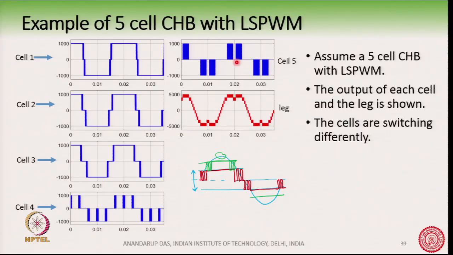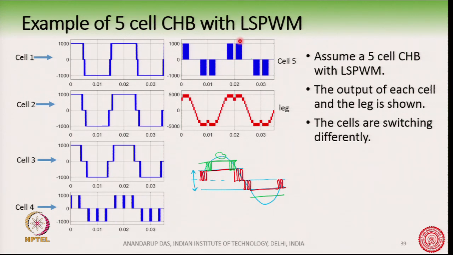Remember, the easy solution here is to rotate the patterns after a few cycles. Rotate the patterns, what does it mean? You see here, cell 1 has this pattern of waveform and cell 5 has this pattern of waveform, but after a few cycles we can interchange their patterns.